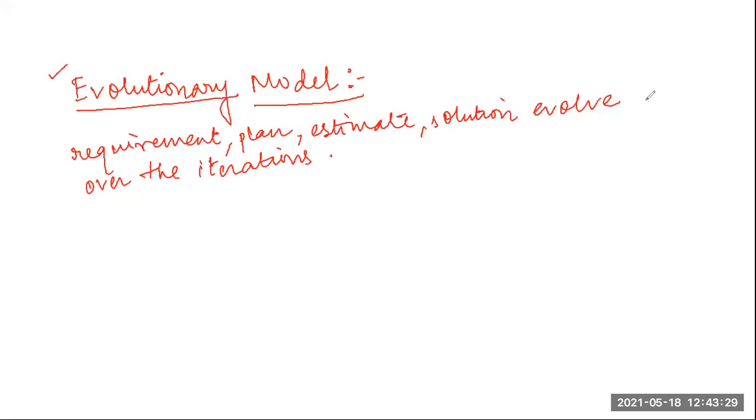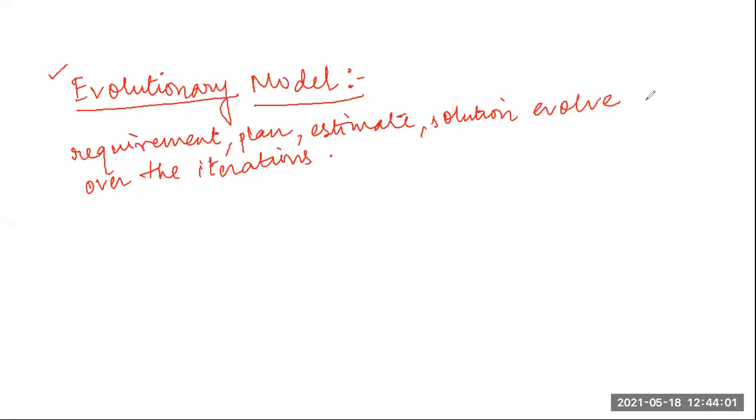But one basic difference is that in the incremental model, the requirements, the plan, and the estimations are frozen in the first slot itself, that is the requirement analysis and gathering phase. It was done only once. The requirements were fully defined, and after that only the development iterations will begin.